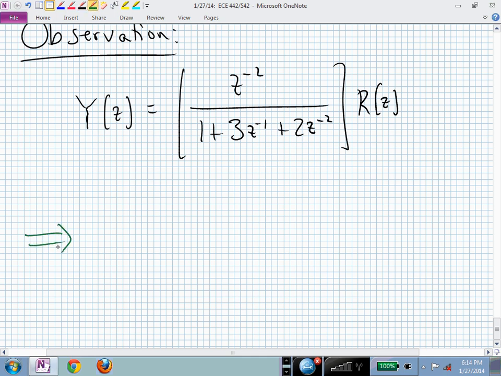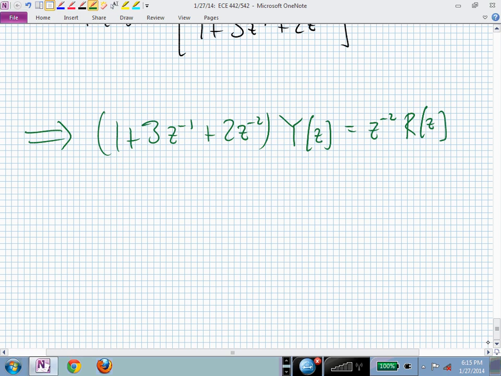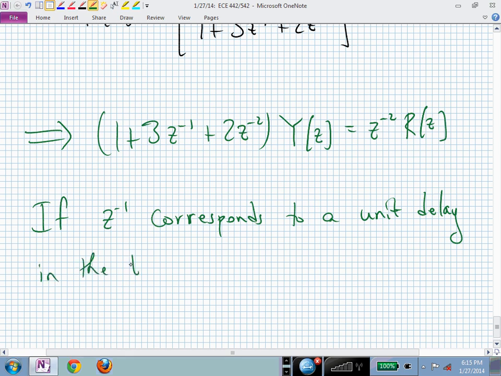If we simply cross multiply and make this just one equation, we now have 1 plus 3 and no ratios, and z to the minus 1 in the frequency domain corresponds to a unit delay in the time domain.